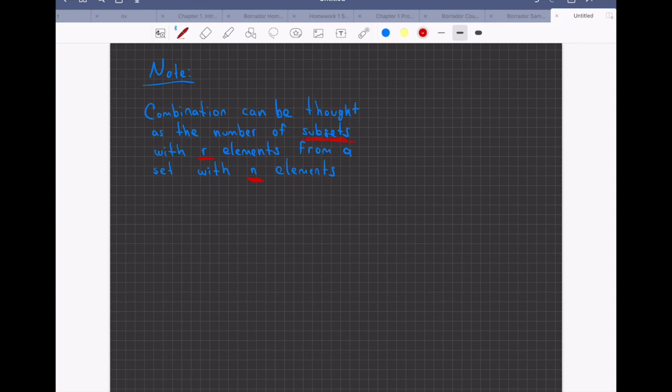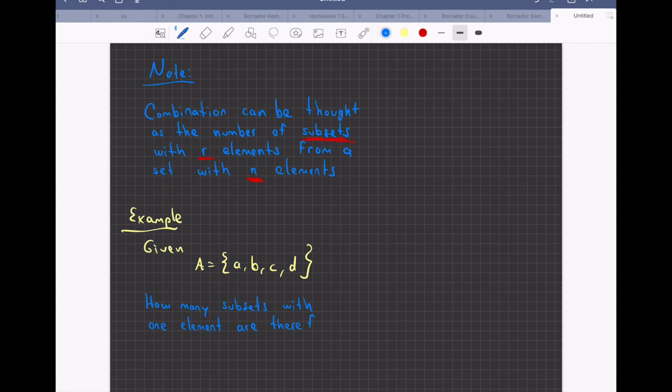For example, given the set A, B, C, and D, how many subsets with one element are there from A?